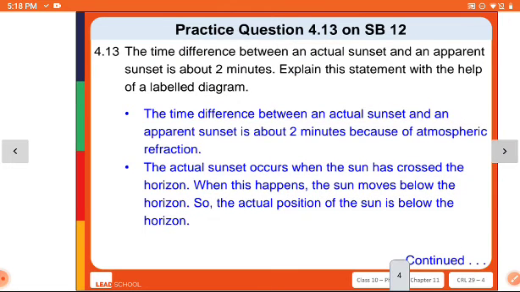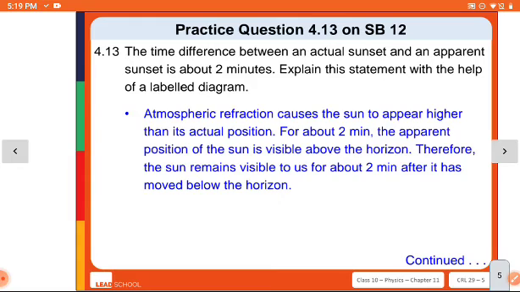So the time difference between actual sunset and apparent sunset is about 2 minutes. This is because of atmospheric refraction. Actual sunset occurs when the sun has crossed the horizon. When it happens, the sun moves below the horizon, so the actual position of the sun is below the horizon.